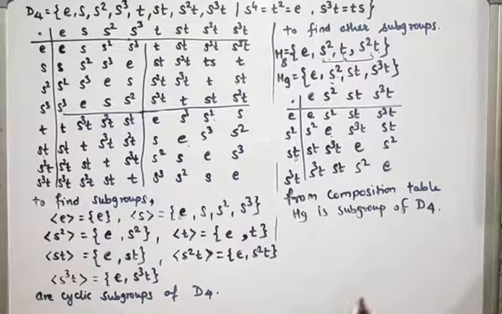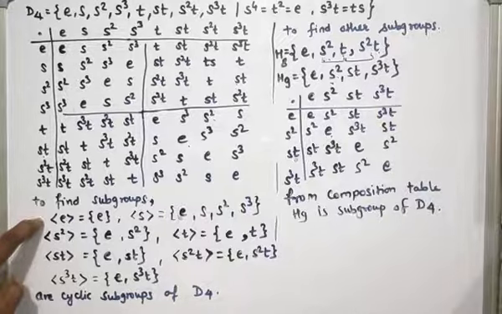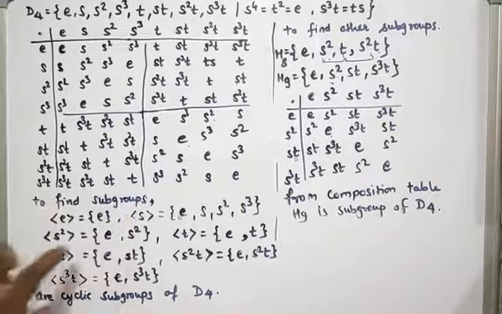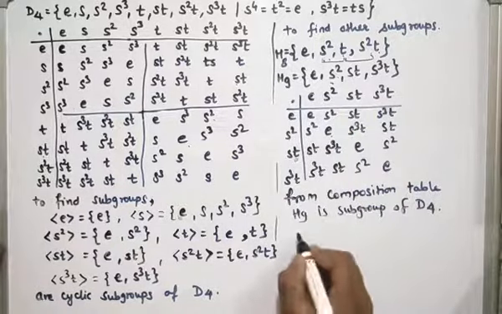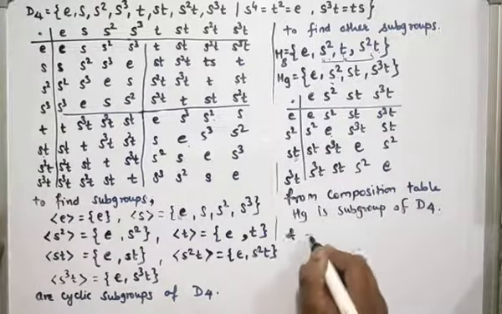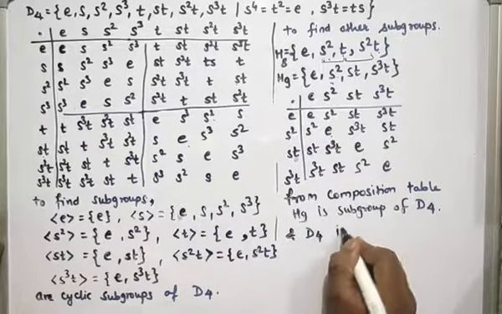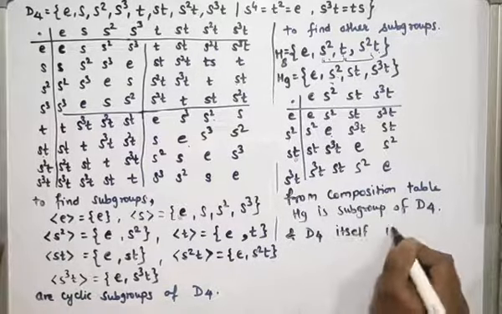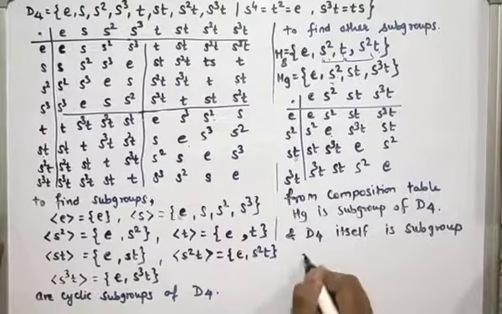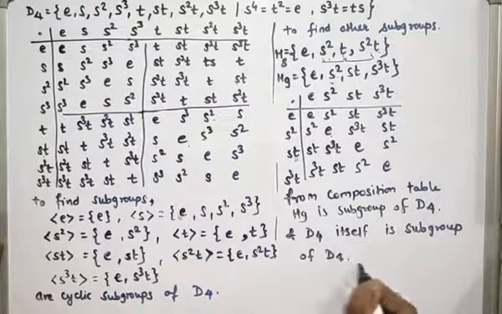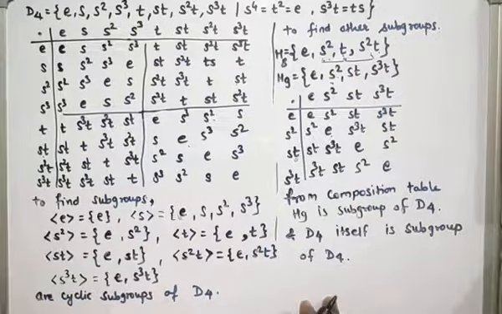So in total, how many subgroups are there? Identity is first, second, third, fourth, fifth, sixth, seventh, eighth, ninth, and D4 itself is a subgroup of D4. Therefore there are 10 subgroups in total.